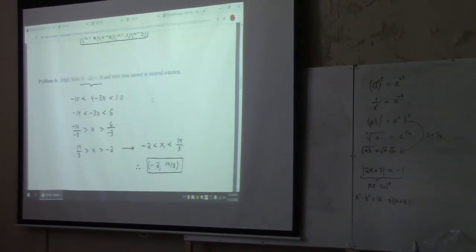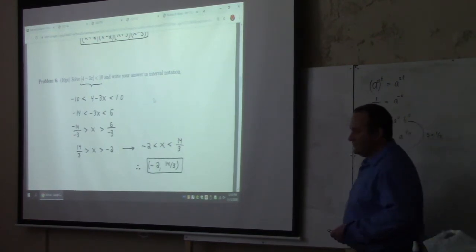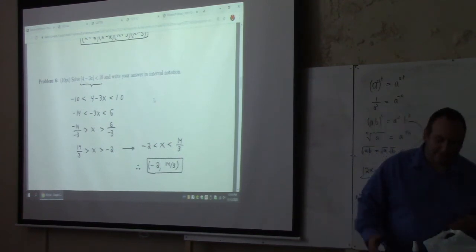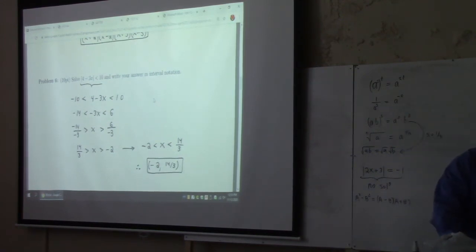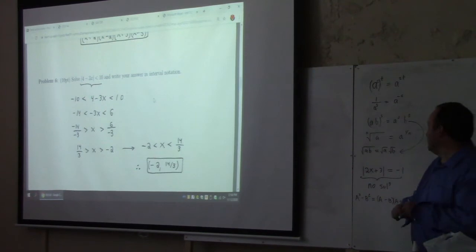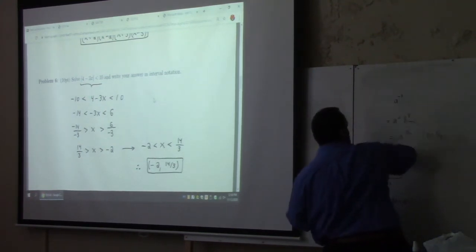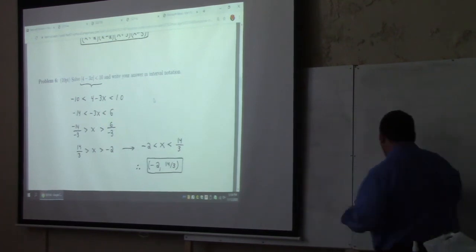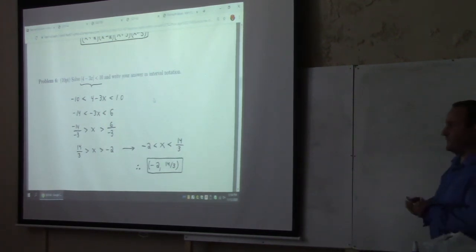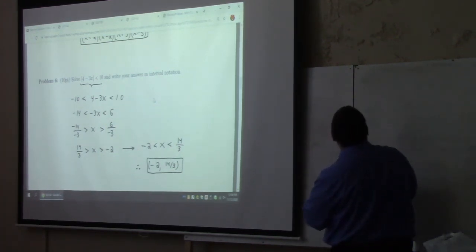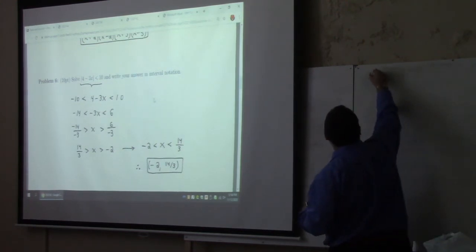Now, absolute value problems involving inequalities are tricky, right? There is a big difference between less than and greater than. Let's just keep it really simple. You can think about these in terms of the number line.